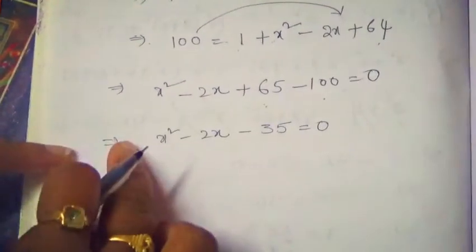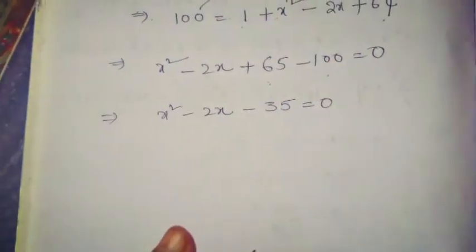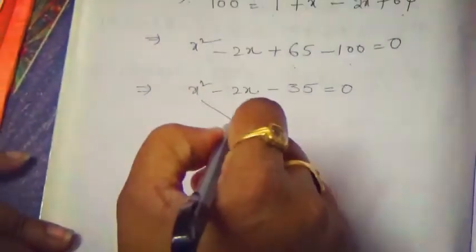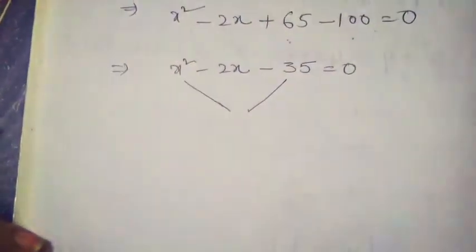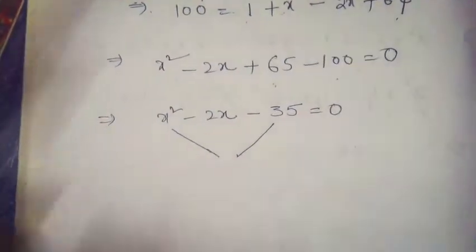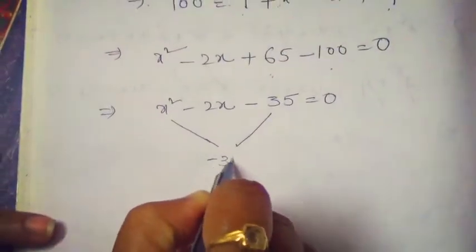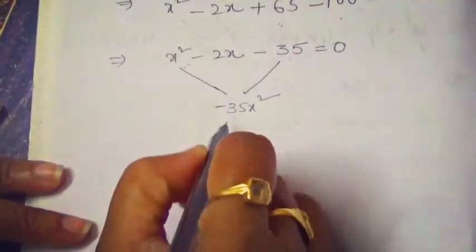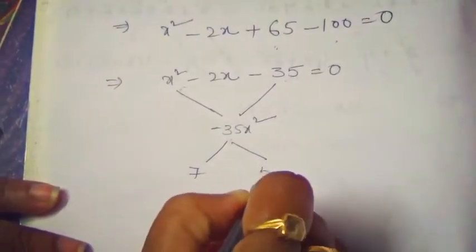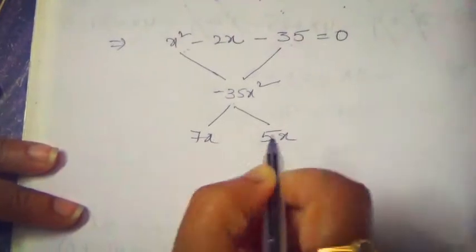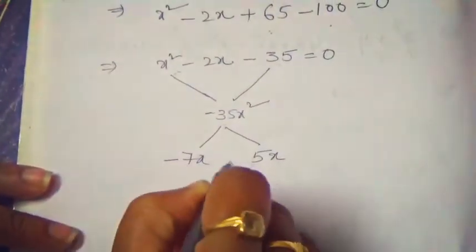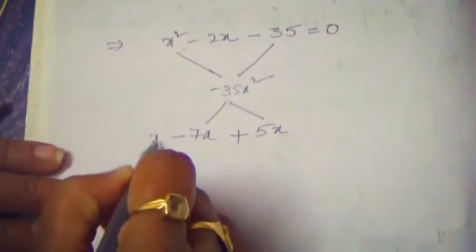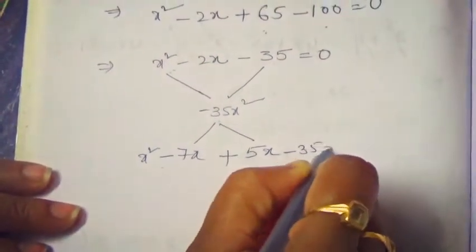So here we get one quadratic equation. From the third chapter I already said to you, that is a quadratic equation. I am taking this by factorization, right? So minus 35 x square. When you multiply these two, you will get minus 35 x square. So 7 fives are 35, x into x, x square. So I want to keep this minus in front of the highest number. So x square minus 7x plus 5x minus 35 is equal to 0.